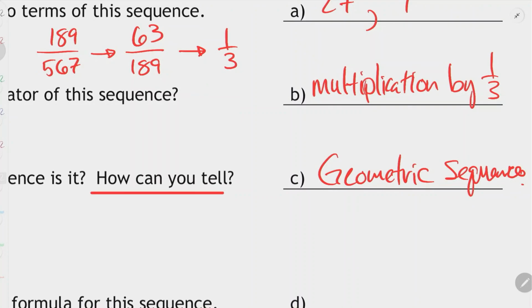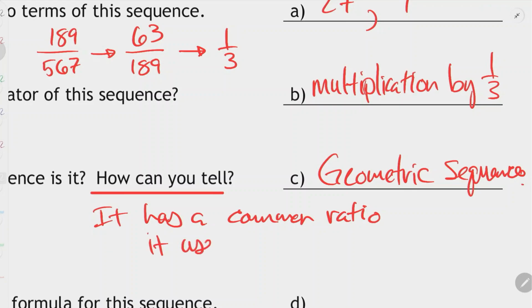I said, this sequence has a common ratio, right? Meaning new terms are generated by multiplying by this common value, or it uses a multiplier or multiplication to generate new terms.